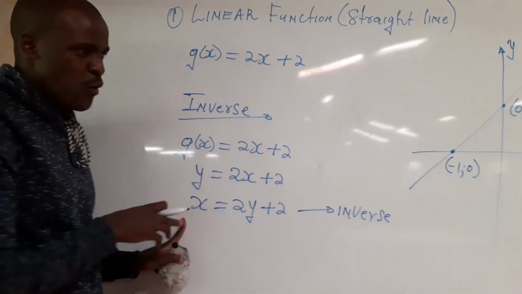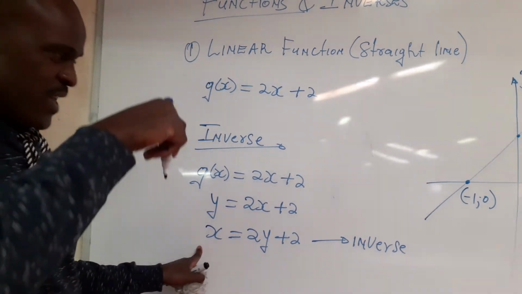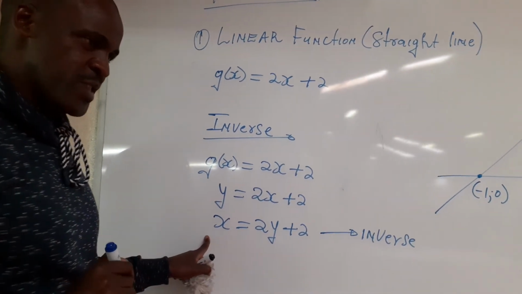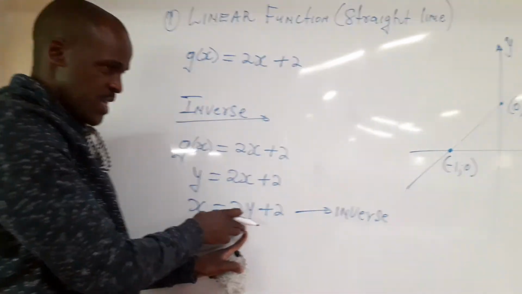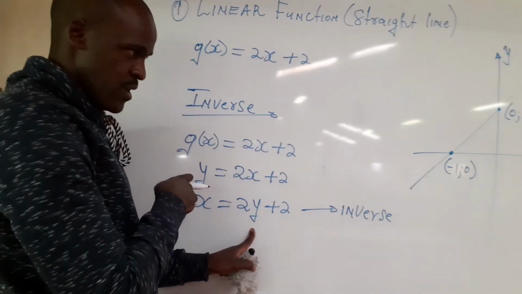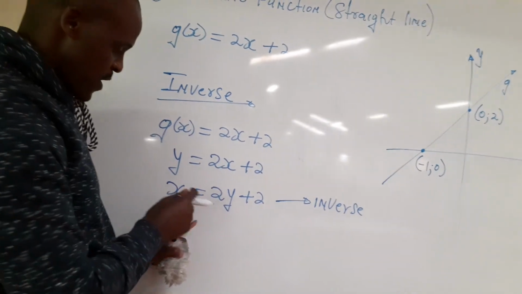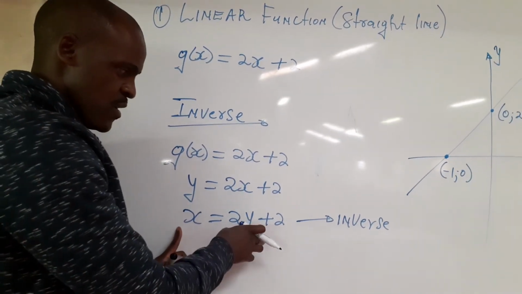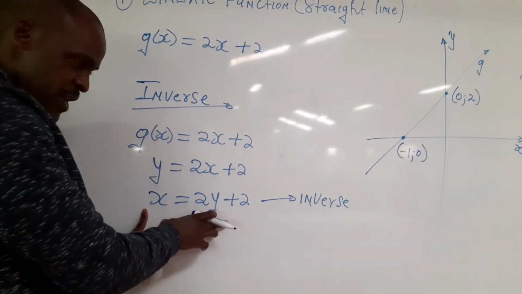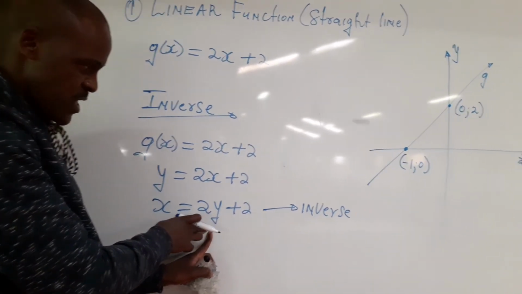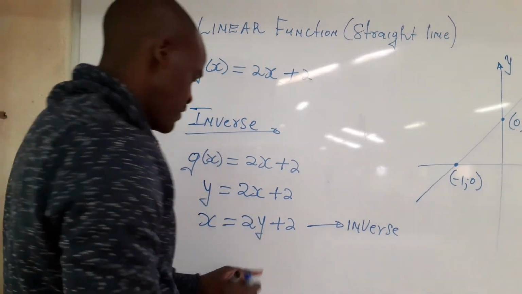If you were being asked to find the equation of the inverse, that's where you make y the subject of this equation. That's the equation of the inverse. If it's like that, x is equal to, this is the inverse. But once you make y the subject, we call that the equation of the inverse.